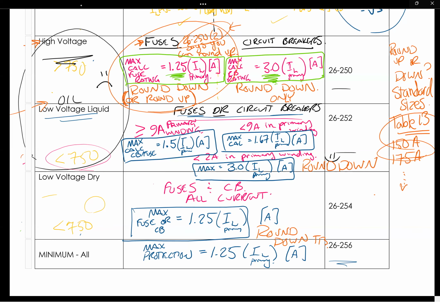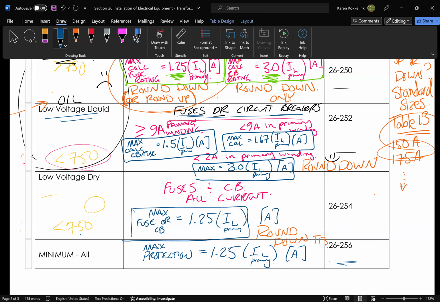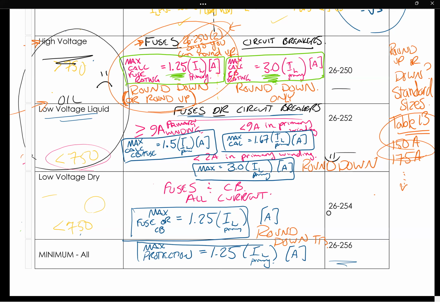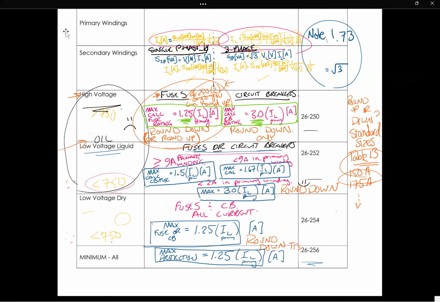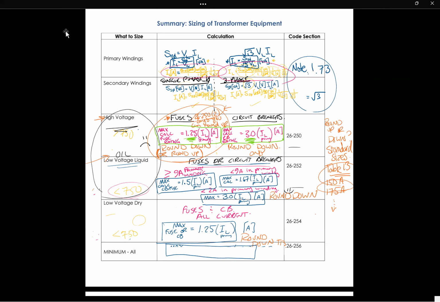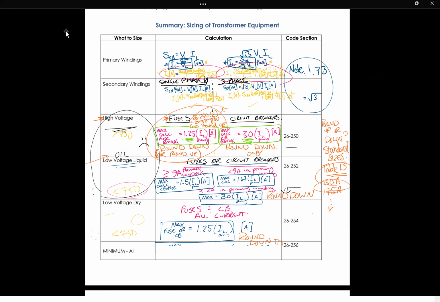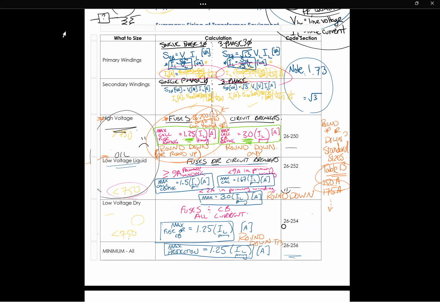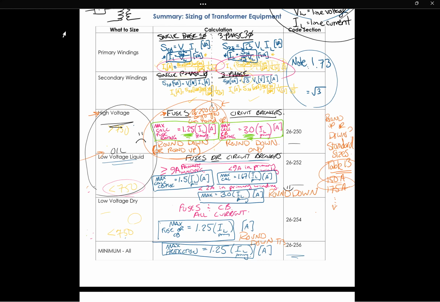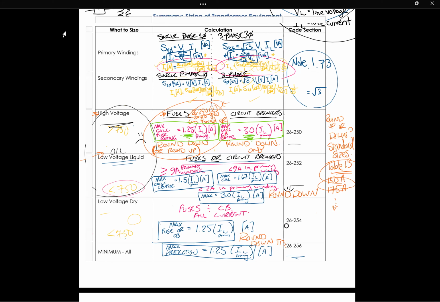And guess what you round? You round up or you round down? You would round down. So I hope that has served as a nice cheat sheet for you for the sizing of transformer equipment as it pertains to rules 26.250, 26.252, and 26.254, why we sometimes round up, why we sometimes round down.